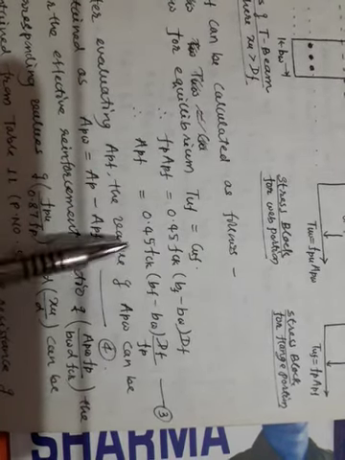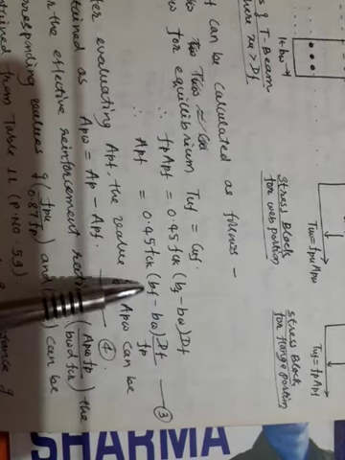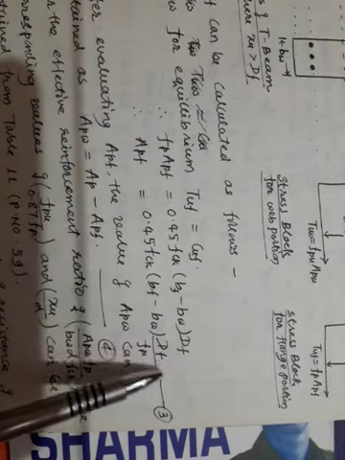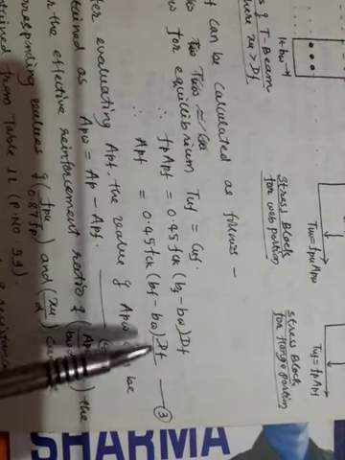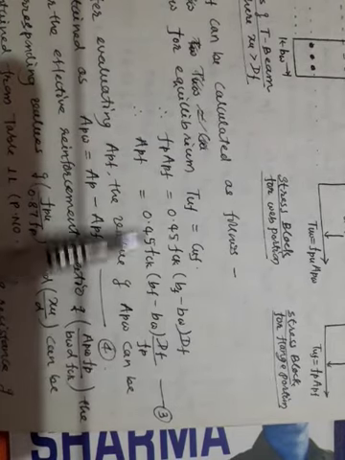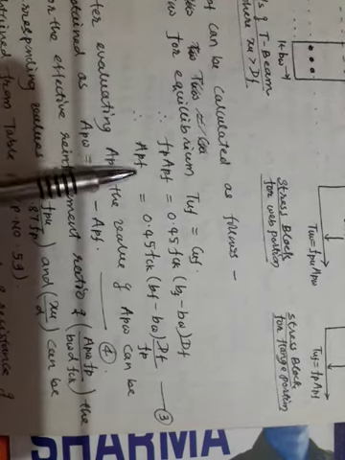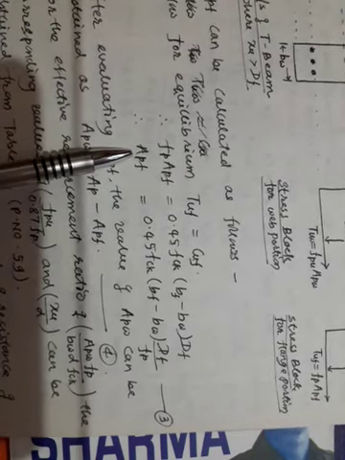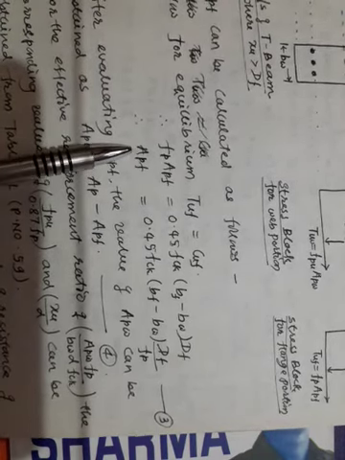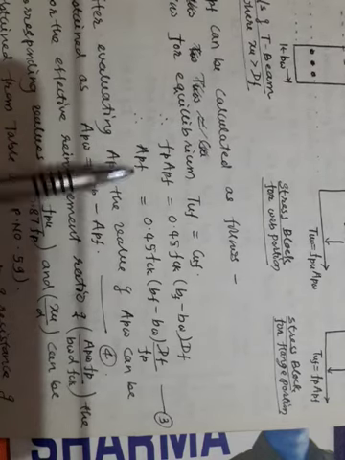So FP will come here now. It is 0.45 FCK, BF minus BW as it is, DF by FP. This FP I have taken here now. So from this equation I can calculate APF, the area of pre-stressing steel required for the flange portion.